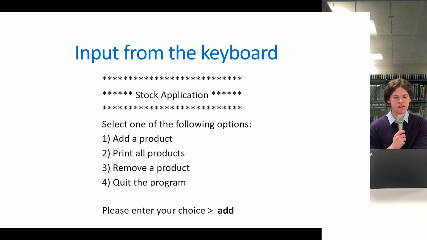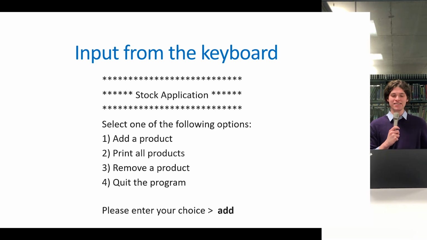But all going well, this would then allow you to type something in on the keyboard, store that in local variables, and then from there you can go back to the previous lecture where we talked about the string class, and you can apply some of the methods such as equals and contains to check whether what you type in on the keyboard, especially if it's a string, matches at least one of the menu options here in this list.